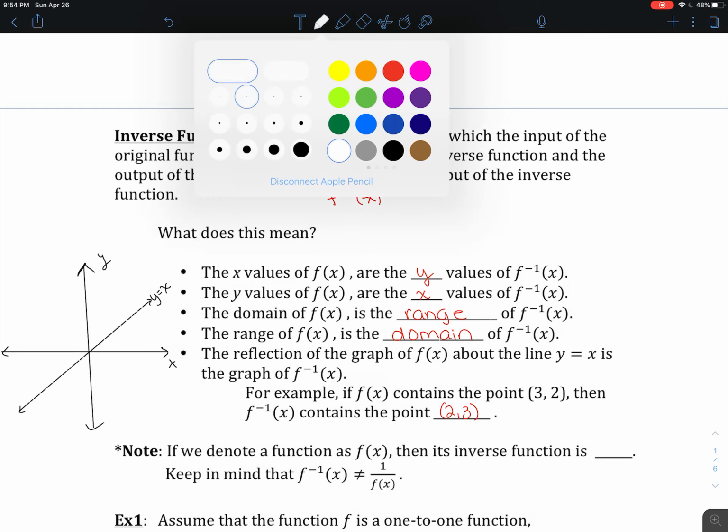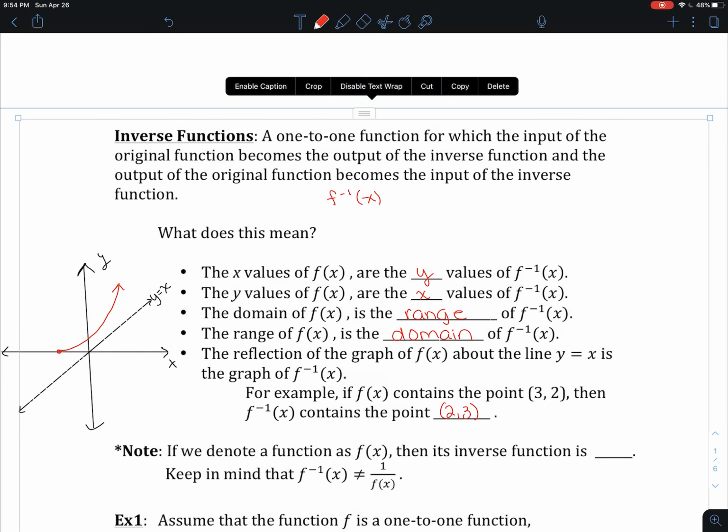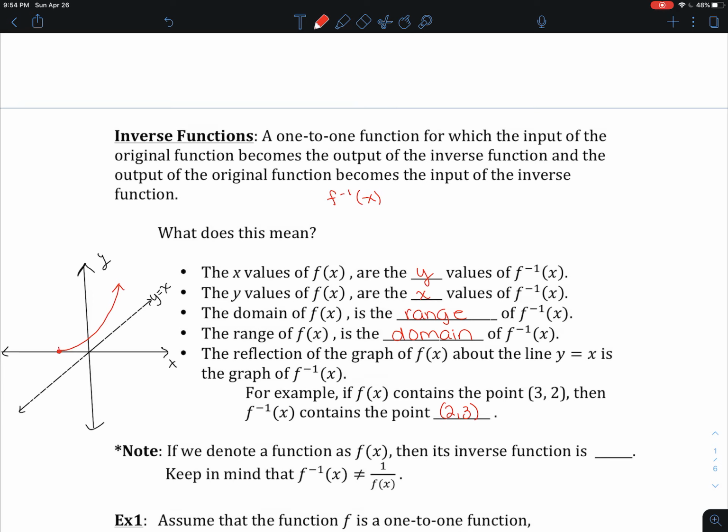I'm going to do f of x in red, and we'll do a simple one. Let's say you had this graph, and let's say this is the point (-2, 0) and this is the point (0, 1).